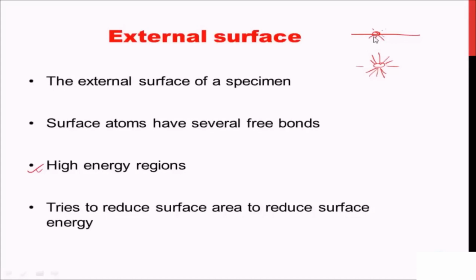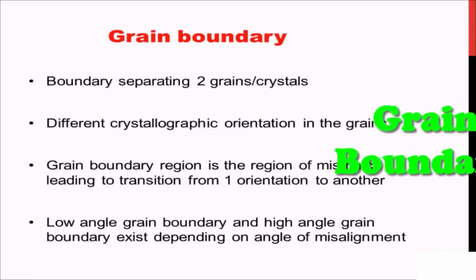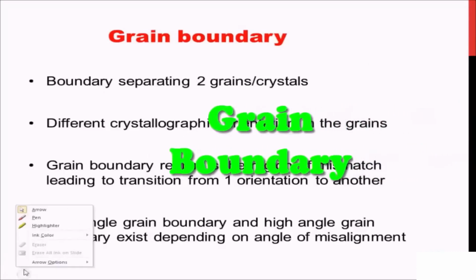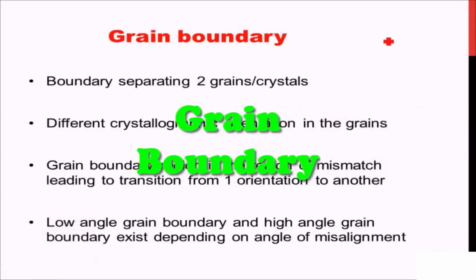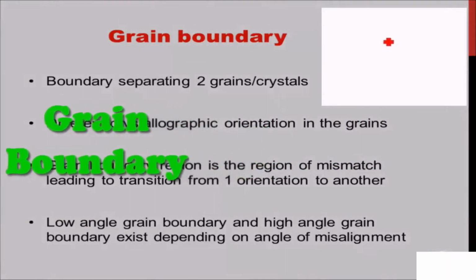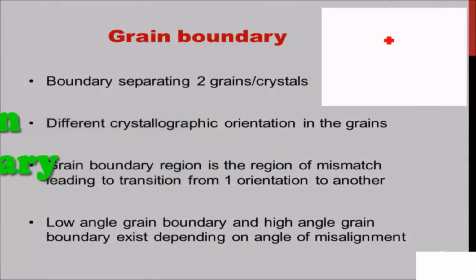Now let's jump into the more important type of two-dimensional defect, the grain boundary. If you remember correctly, I have discussed that any crystalline material is composed of many grains, right? There will be different grains like this, and each grain will have a particular crystallographic orientation.